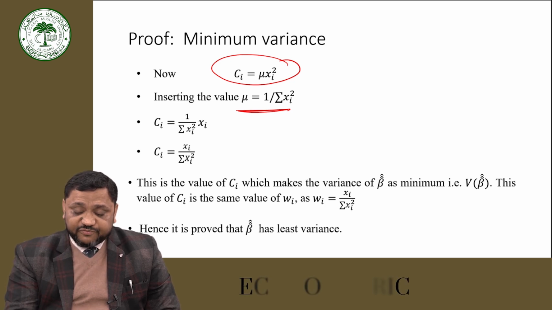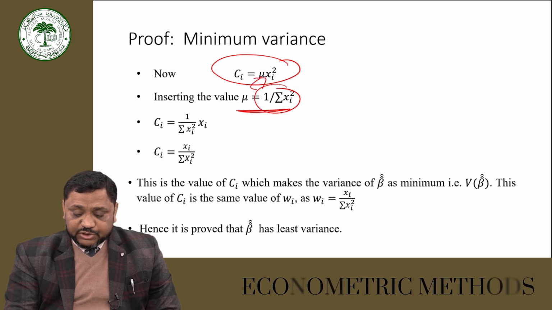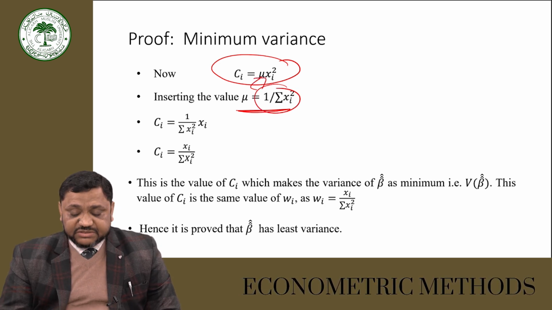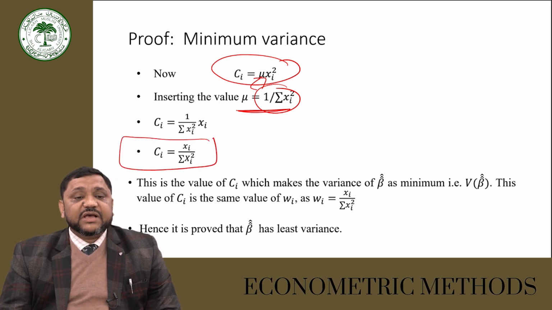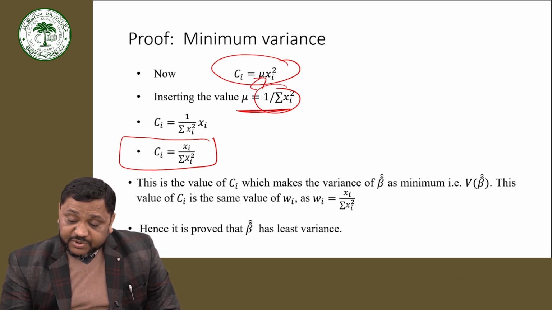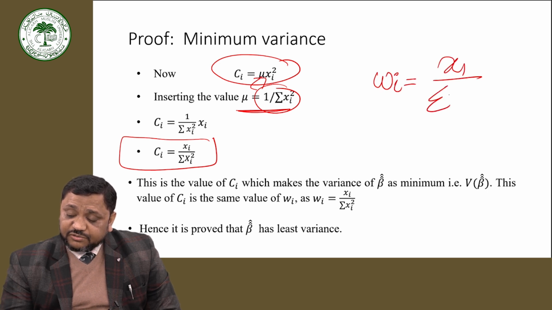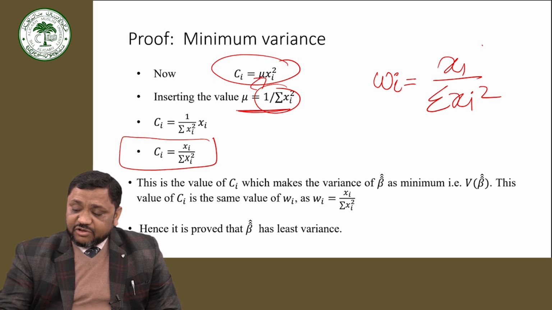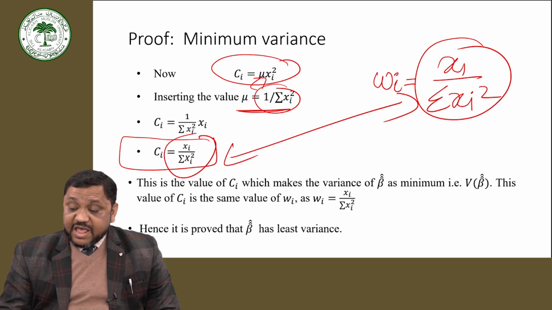So we put the value of mu over here, and we get ci is equal to 1 divided by summation small xi square times xi. So this is your ci is equal to xi divided by summation xi square. If you remember, earlier we had wi also equal to this, and these two terms are the same, and that term had the minimum variance.